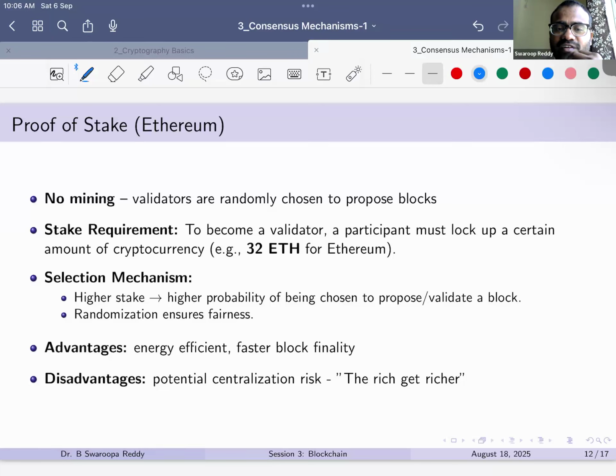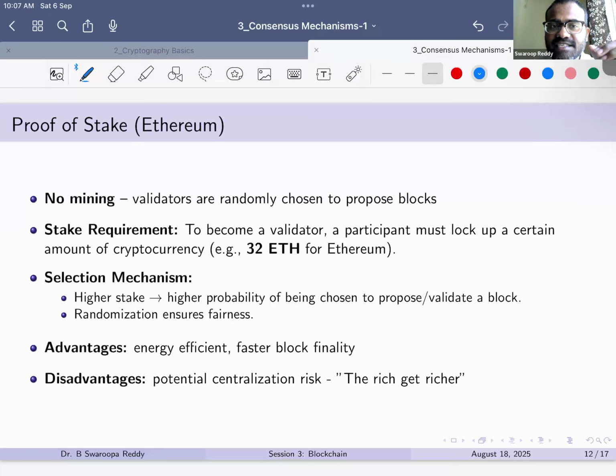So if you have a higher stake, for example, if you have 32 ETH and again you deposited 32 ETH, you have two validators, right? However many 32 ETH you deposit, you will have that many validators in the network. So you will have a very high probability of proposing a new block, or of validating the block.